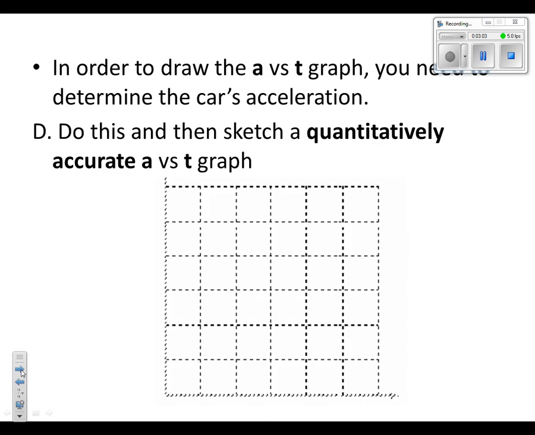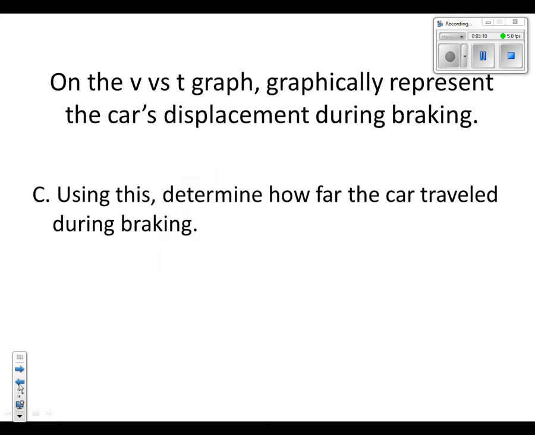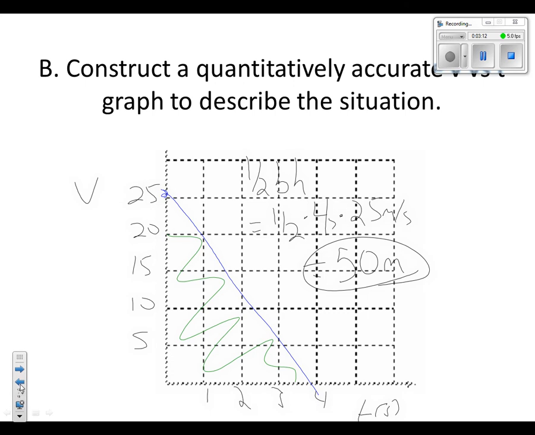All right. Now, in order to draw an a versus t graph, you need to determine the car's acceleration. To do that, we look at the graph and find the slope. Again, this is a review, but it's still good to try it.